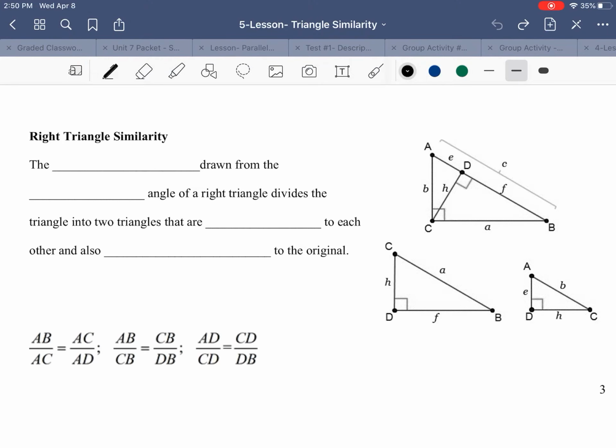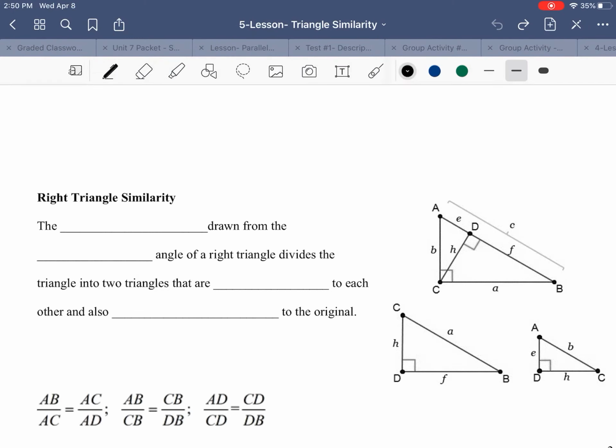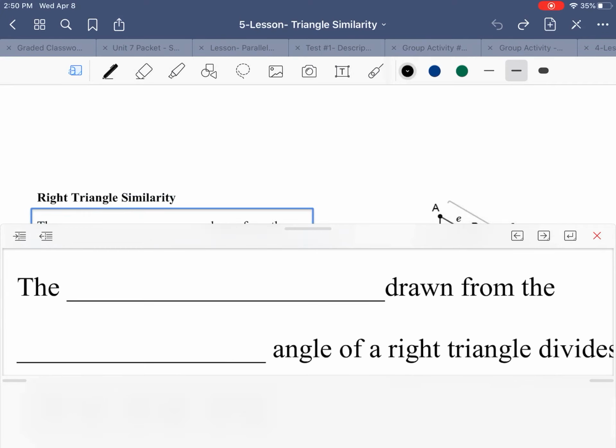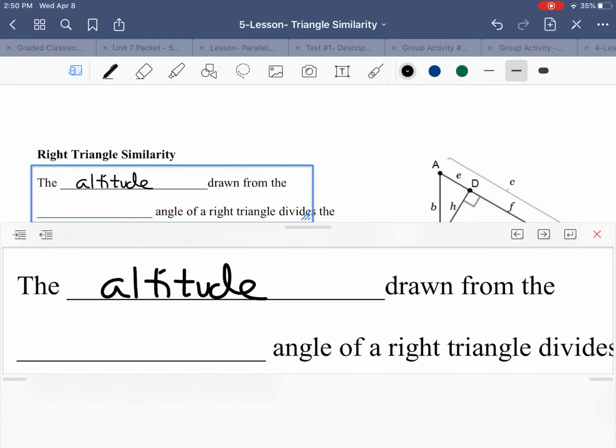Right, we learned about that term way back in the beginning when we were defining geometric terminology. The altitude goes from an angle to the opposite side of that angle, forming a right angle.